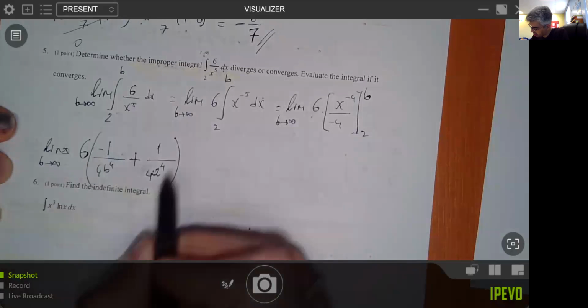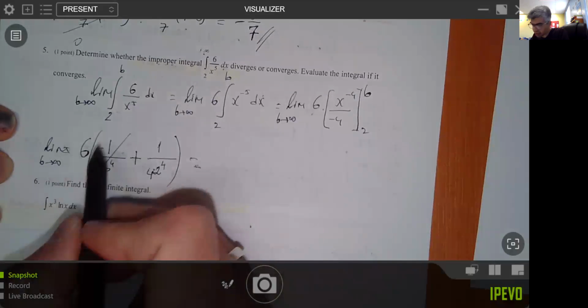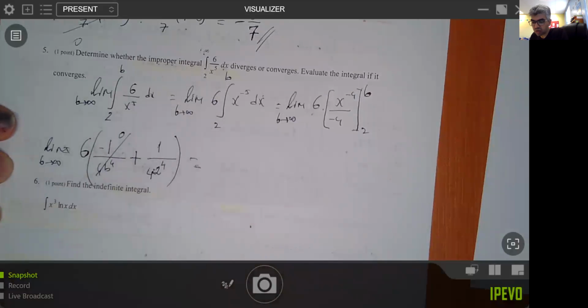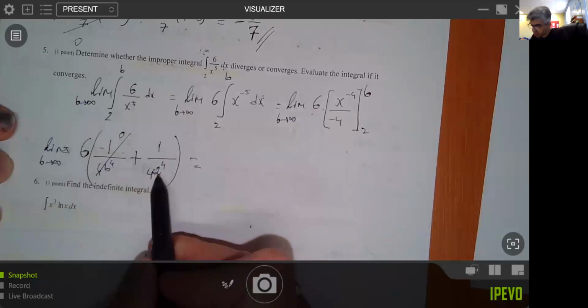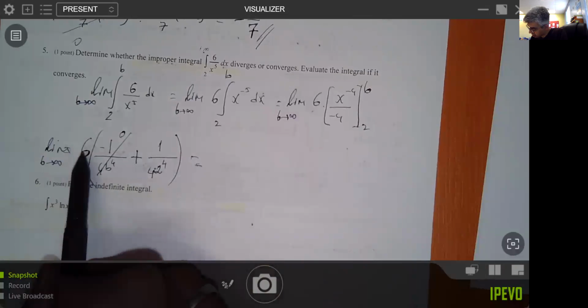Now, since b approaches infinity, the value of the first fraction equals 0. And we have 1 over 4 times 2 to the power of 4. What is 2 to the power of 4? And we multiply by 6.